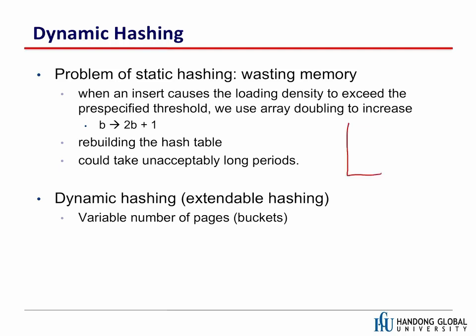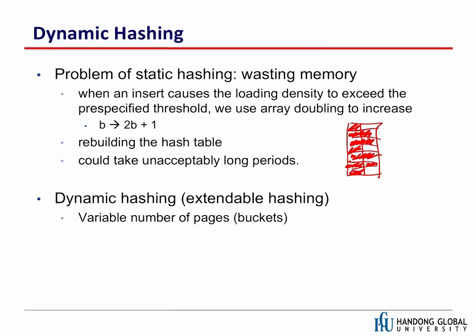Suppose we have a hash table like this, with 2 slots for each bucket, and the loading density is higher than the threshold. We have lots of slots with identifiers. Even though we have some empty slots, this is still too dense, so when we insert another one, we're probably going to have a conflict and overflow.